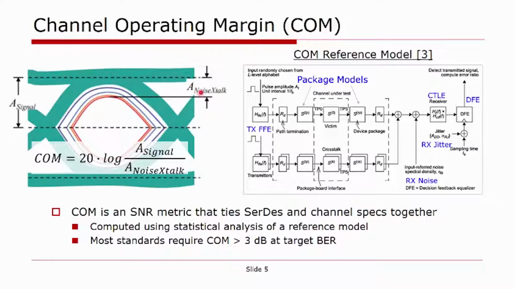That's this A noise crosstalk term that's shown here. By taking the ratio between those two and converting it to a dB number, we arrive at the COM metric. Since this eye diagram includes both SERDES and channel specifications, it allows us to tie everything together into a single number.